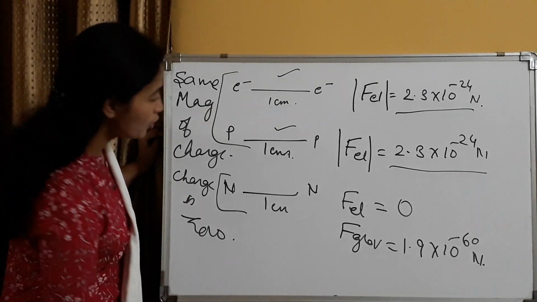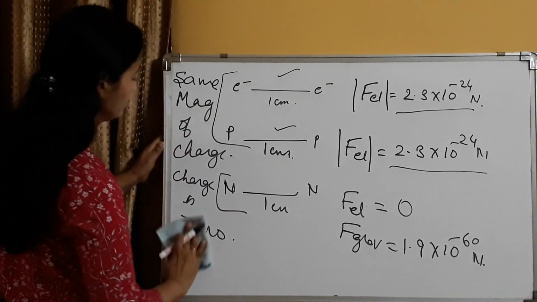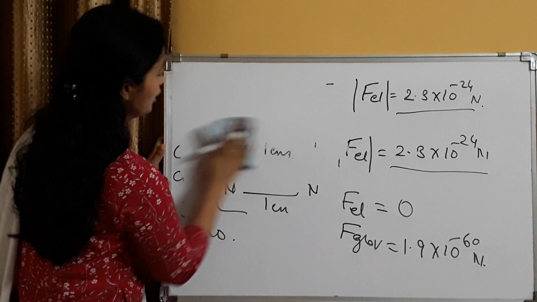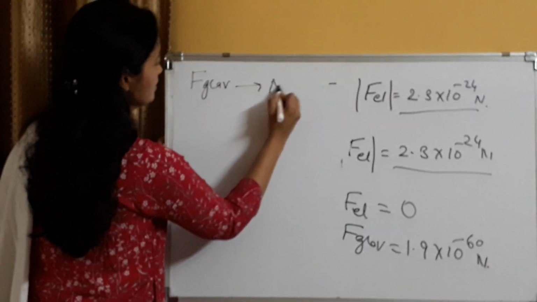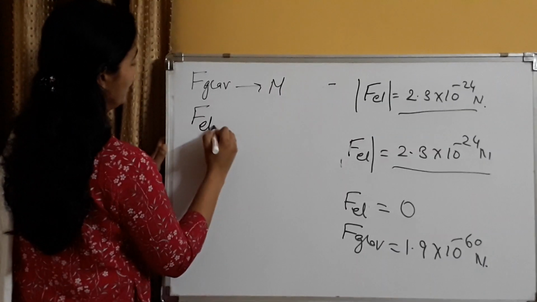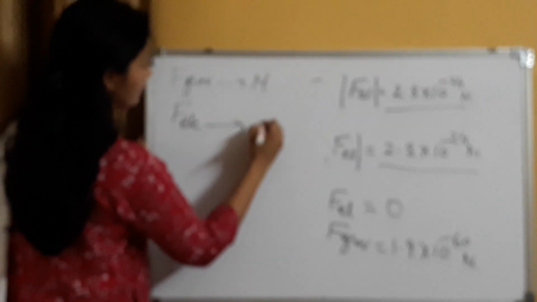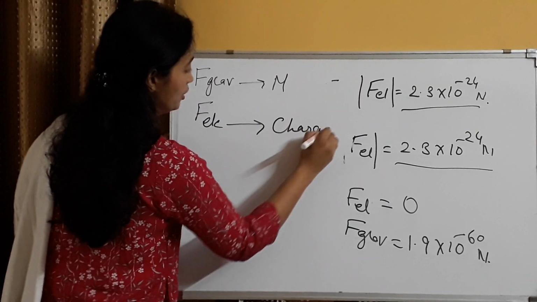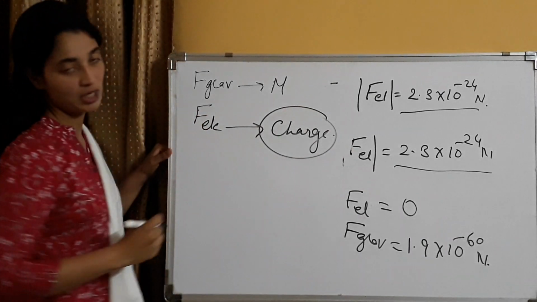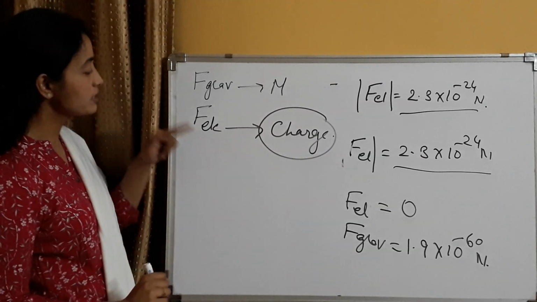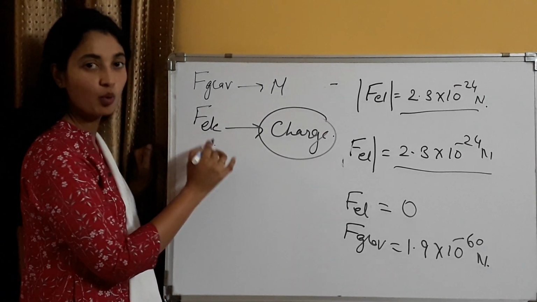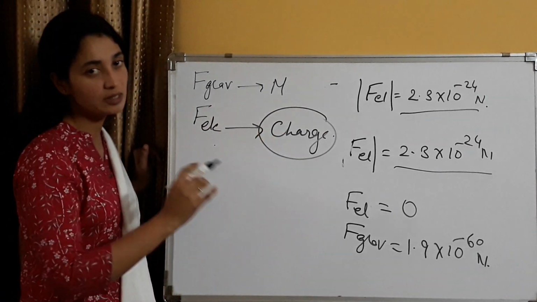Now we have come to a very crucial and important concept. We have concluded that gravitational force is due to mass, and the causative factor of electrostatic force is charge. So in the coming lessons, we will be concentrating on this key factor, charge, which gives rise to electrostatic force, field, potential, capacitance and all these things.